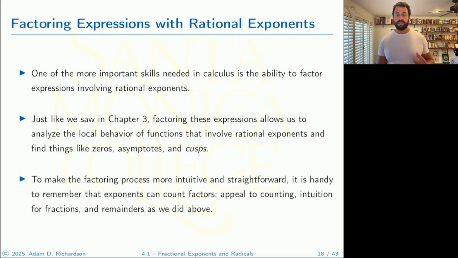So you're going to be exploring more functions that have rational exponents in Calc 1, and being able to work with those rational exponents and factor them is going to let you perform a local analysis of those functions. It'll help you find things like zeros or asymptotes or cusps. You know, cusps are those little points. That's what you're going to do in Calc 1. So you want to get comfortable factoring with rational exponents.